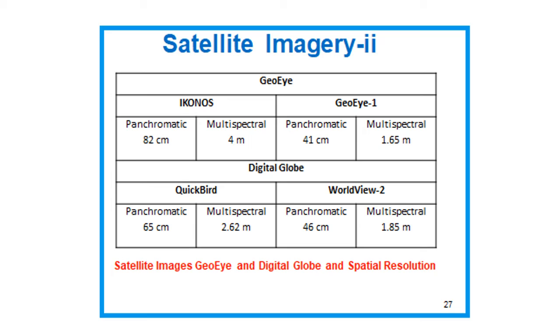Panchromatic mostly can give us from 82 centimeters to 65 centimeters in QuickBird's case, while the lowest one in panchromatic is 41 centimeters, while multispectral is 1.65 over 1.85. So these are the smallest grid sizes which can be given. That is 1.65, around maybe 3 feet plus minus.